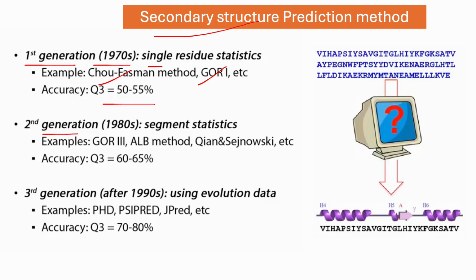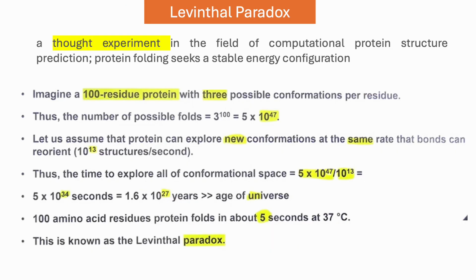In the second generation, in the 1980s, segment statistics were used, like GOR-3 and the ALB method, and the accuracy was 60 to 65%. In the third generation, the 1990s methods, these are PSIPRED, JPred, and also GOR-4 and 5, recently introduced, and here the accuracy is 70 to 80%.